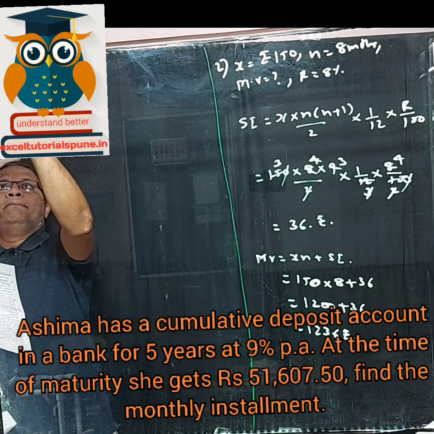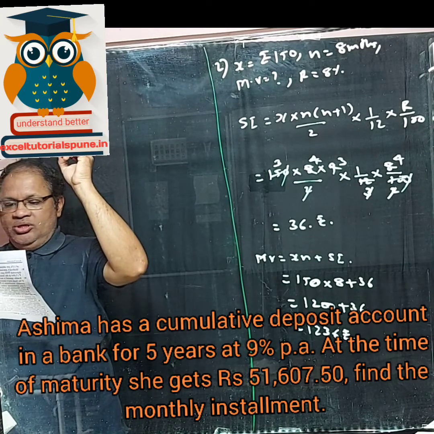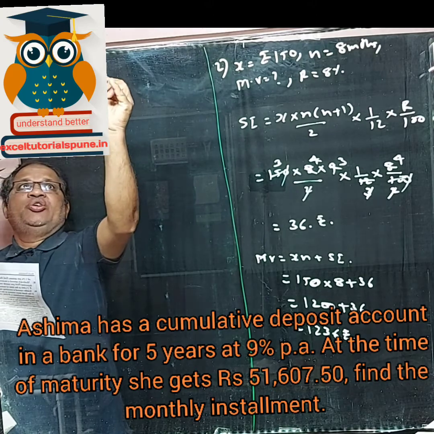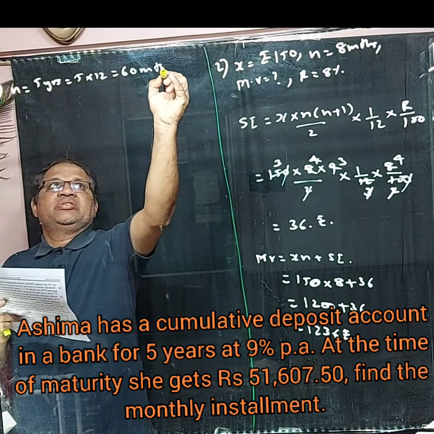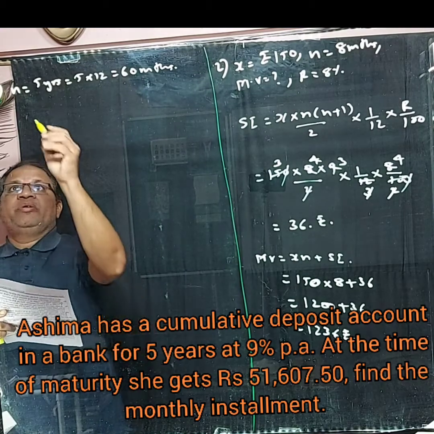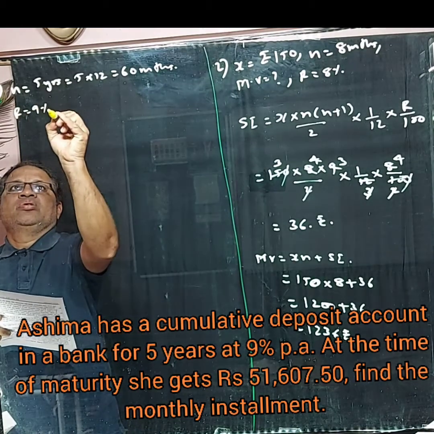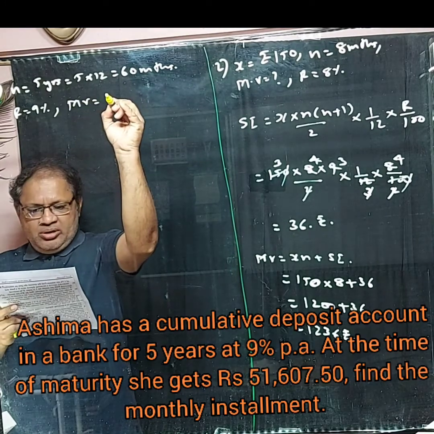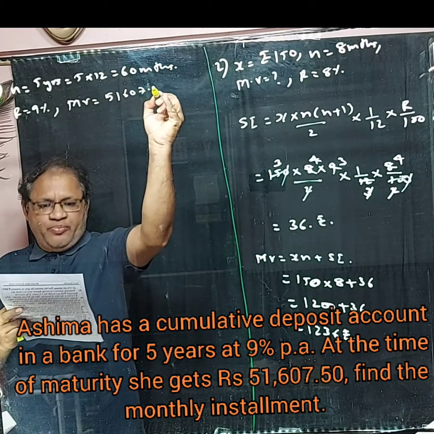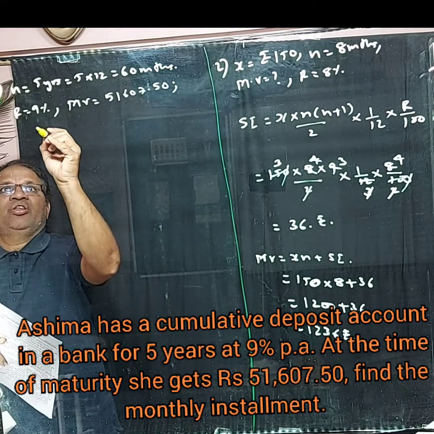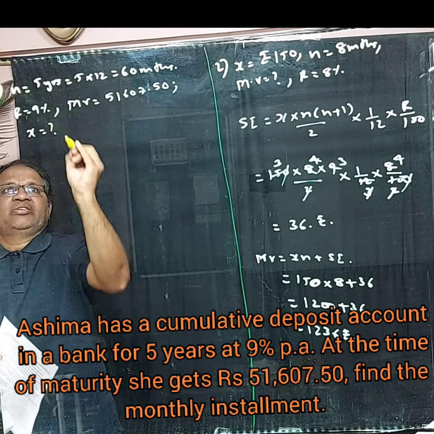Here N is 5 years, that is 5 into 12, 60 months. Then the rate is 9%. Then the maturity value is 51607.50, and they are asking for the monthly installment, that is X.